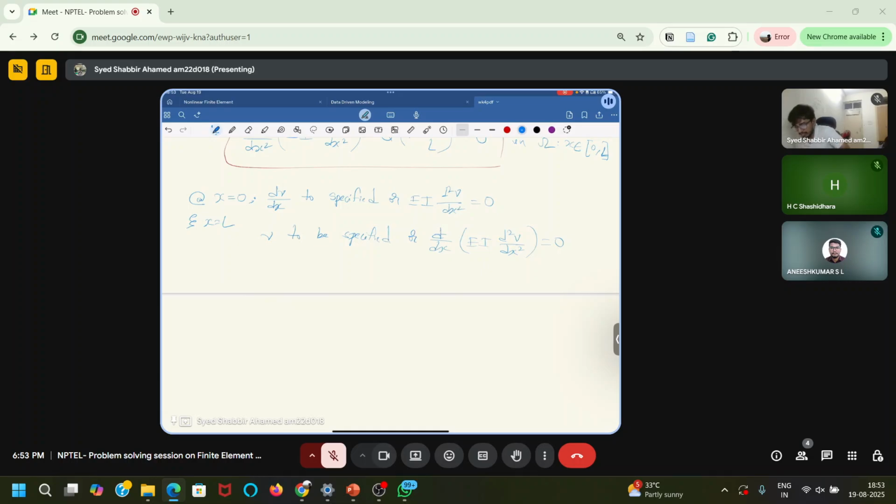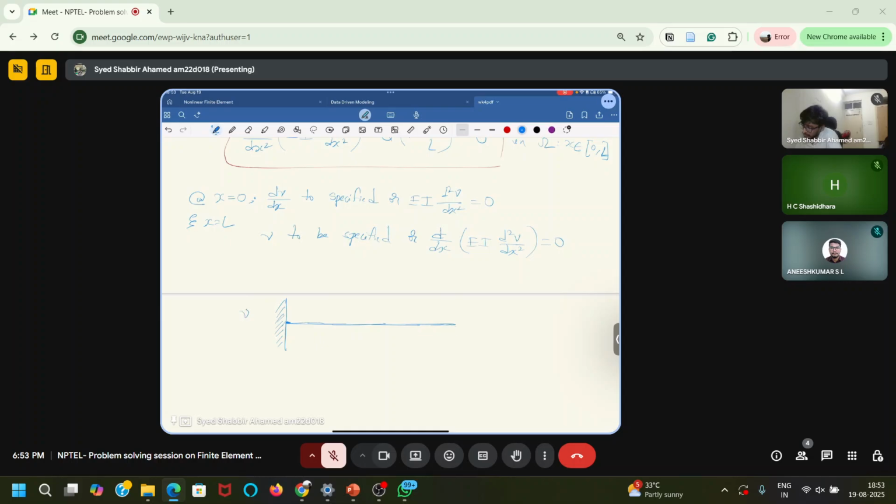So what does this mean? I'll explain. If you have a cantilever beam like this, there are four boundary conditions we can define. For this cantilever beam, we know that this end is fixed.